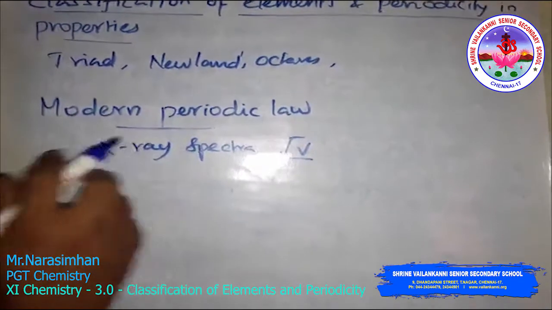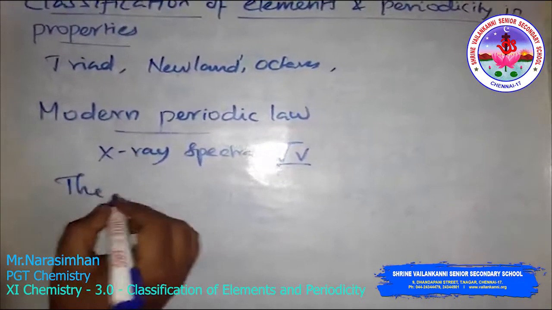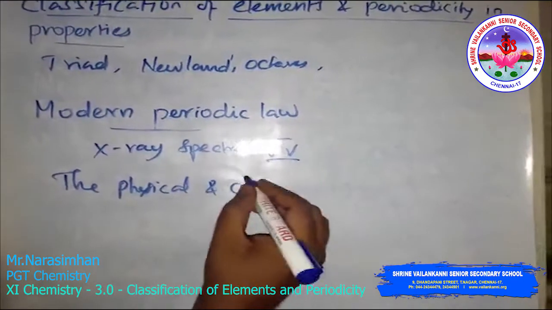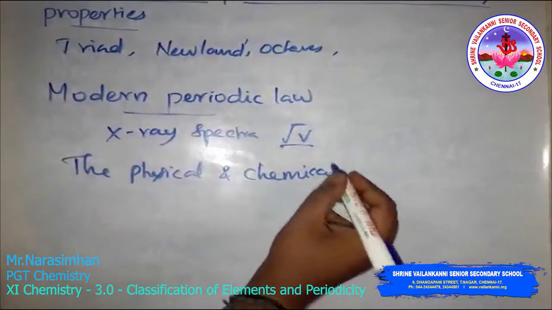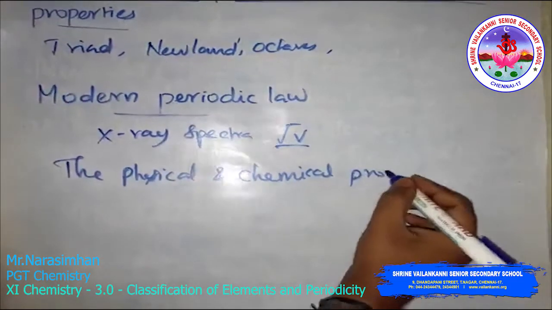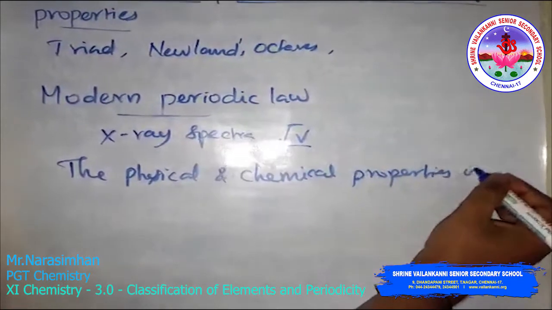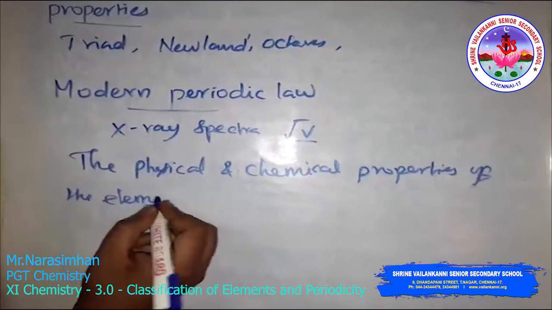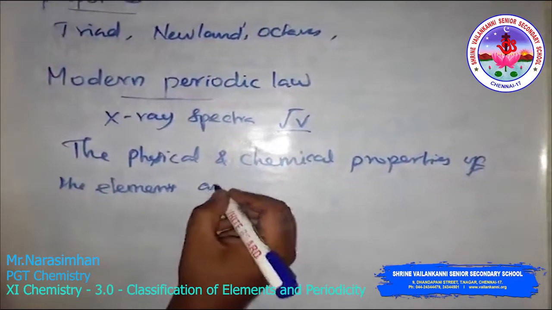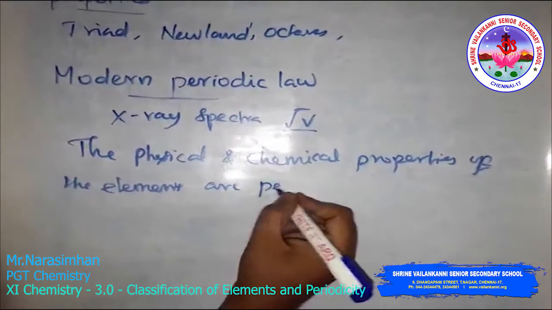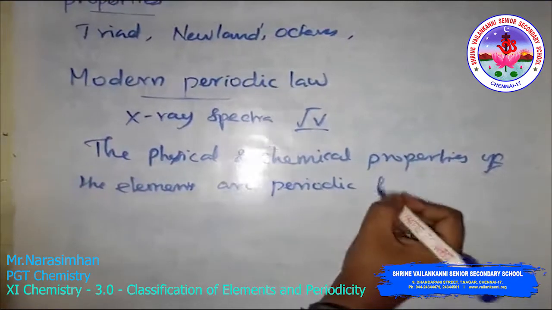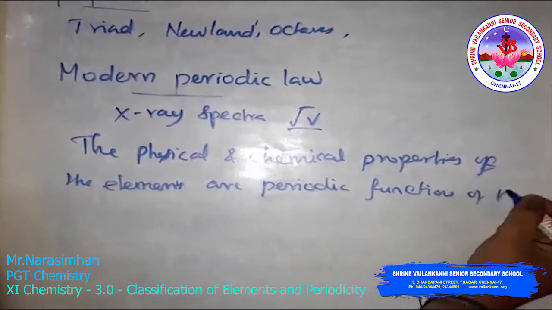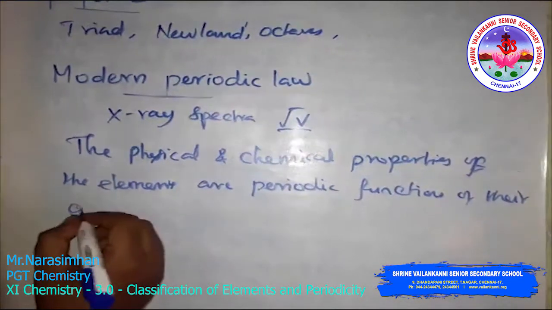The statement is: the physical and the chemical properties of the elements are periodic functions of their atomic numbers.